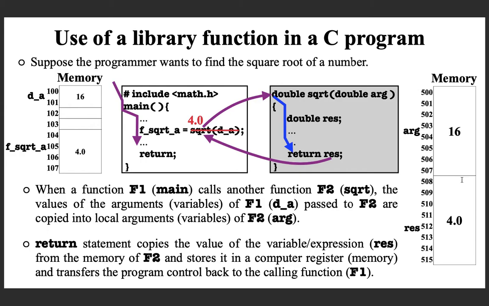Its variables are getting allocated and then the execution happens, and finally the return statement takes the program controller back to the calling function, and you can use a return statement to return one value into the calling function. So this is the take home from this slide.